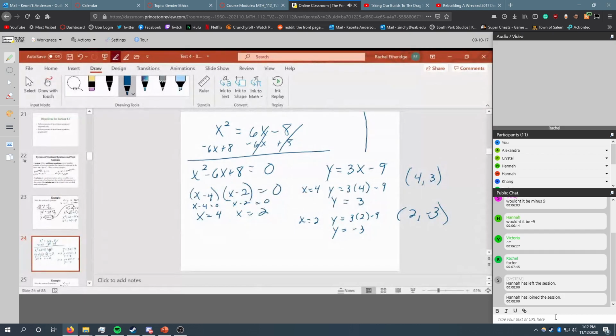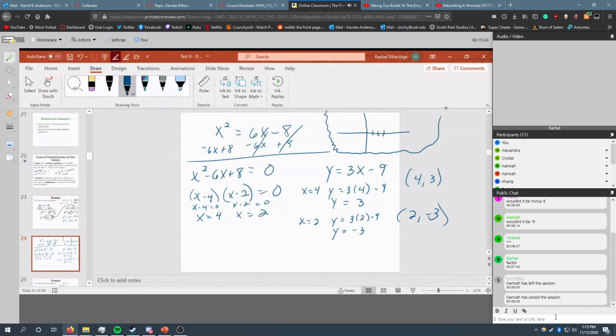And basically what that means graphically, and this is just for free here, is I've got a line that goes through these 2 points, and I also have a parabola that goes through those 2 points.